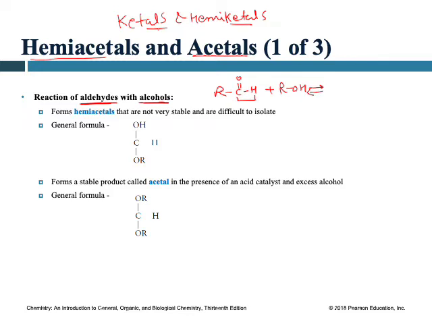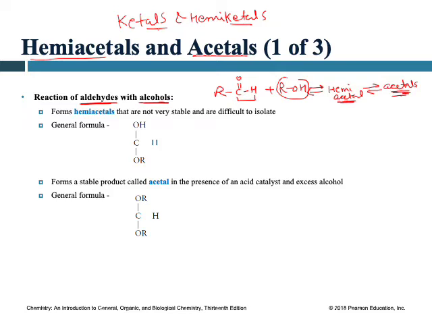First you will form hemiacetal, but if you have enough alcohol present, then the hemiacetal is going to convert into an acetal group. So this is the reaction that we're going to follow and learn what hemiacetal and acetal are, and how the structure looks.